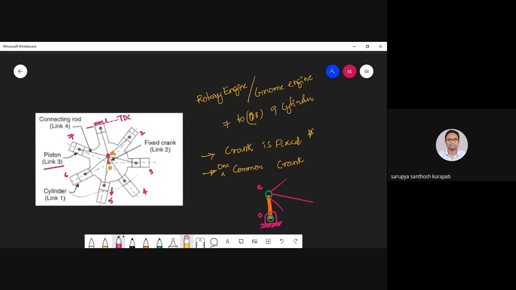When the combustion is going to take place, what happens? If you take this second slider, suppose here I got combustion, so I'm just representing it here. Due to this combustion or heat energy, there is a force which is applied on the slider.